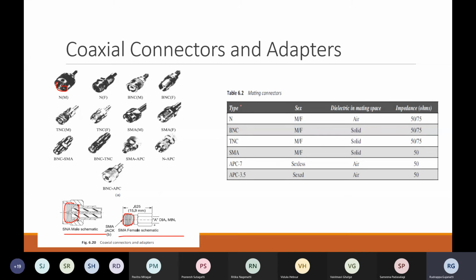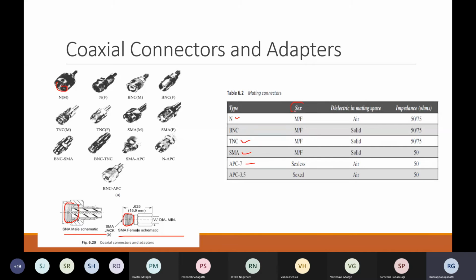Here we can see a few of the types which are specified, like the N, that is the Navy type of connector, the threaded Navy connector, then the submersive version A connector, then APC. So these are few things to note down.